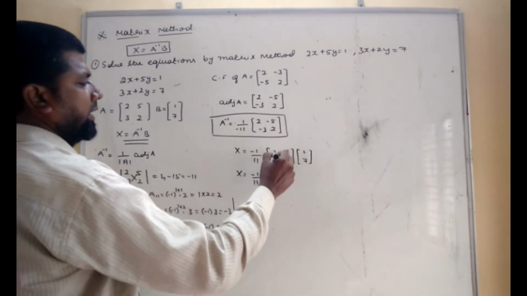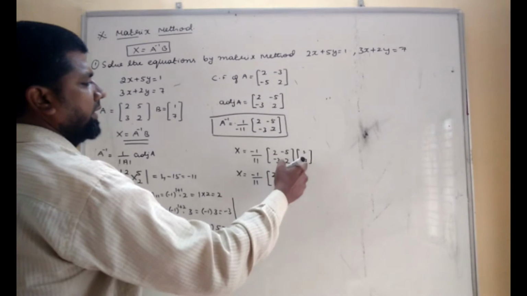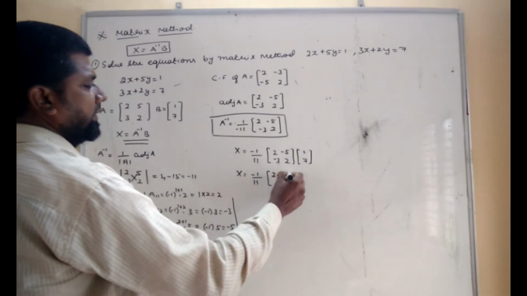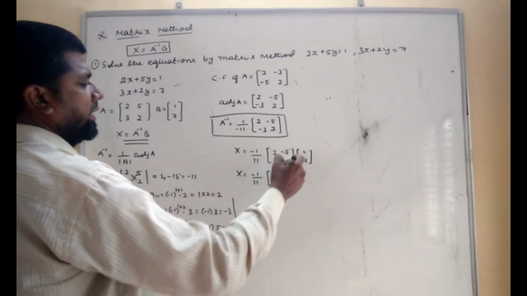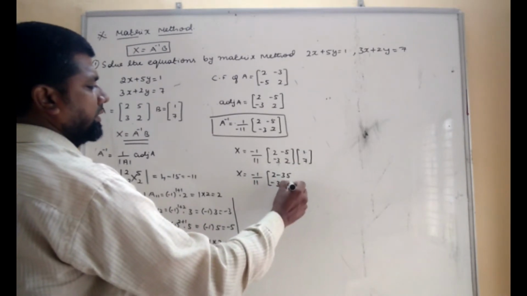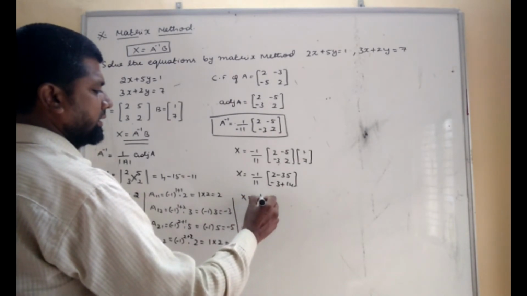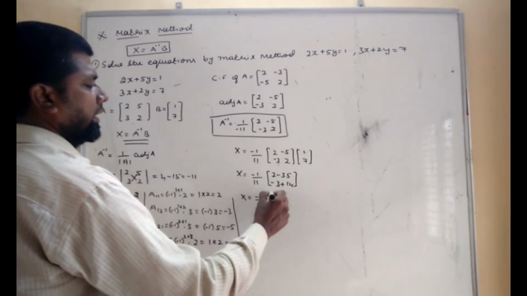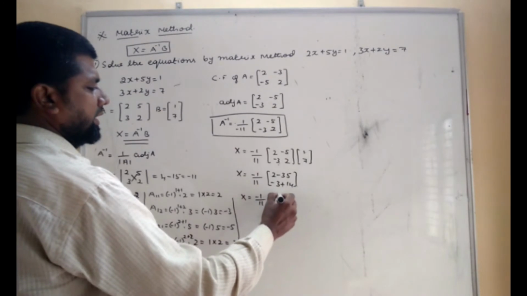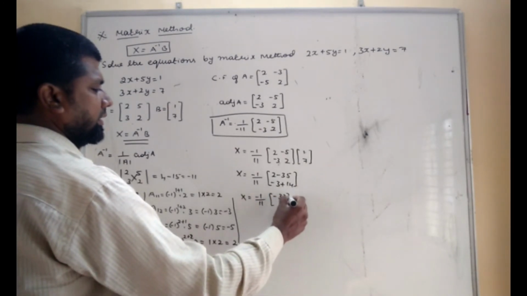If you multiply, 2 into 1 is 2, minus 5 into 7 is minus 35, then minus 3 into 1 is minus 3, then 2 into 7 is 14. Then X is equal to minus 1 by 11 into minus 33, and 11.